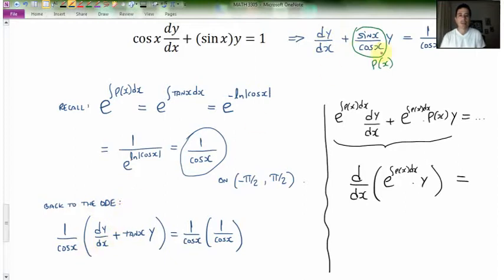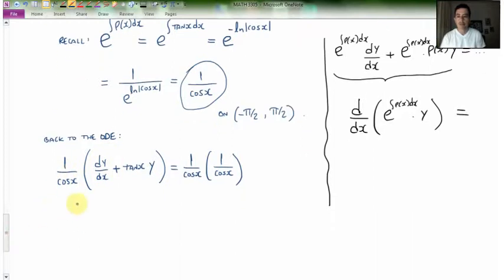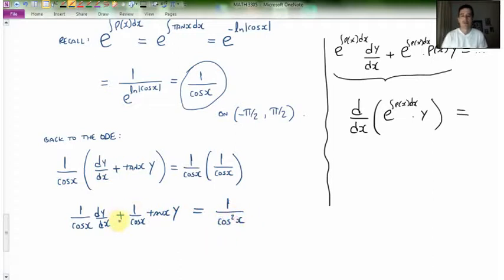Here's the ODE, multiply both sides by that integration factor. And so this becomes 1 over cosine times dy/dx plus 1 over cosine tangent x. And then on this side, 1 over cosine squared. I don't have to manipulate that expression because I know that becomes the derivative of the integration factor times y.